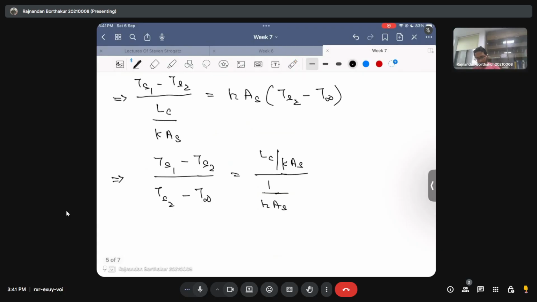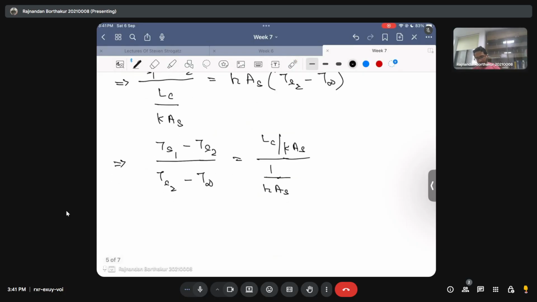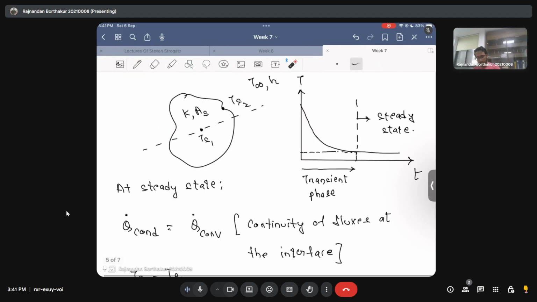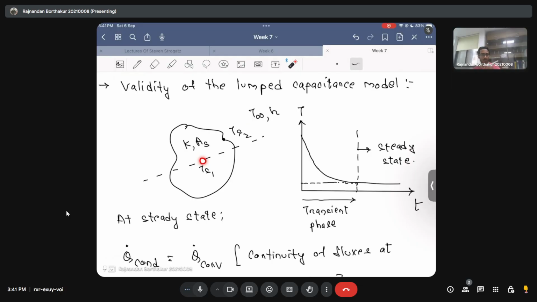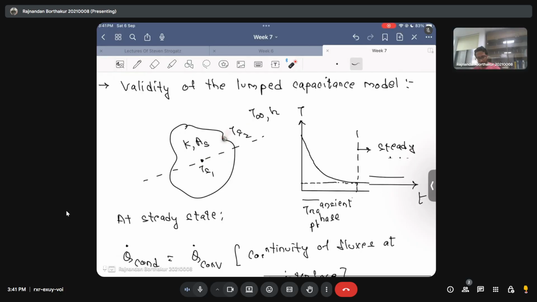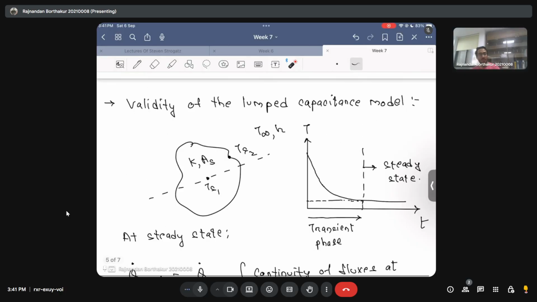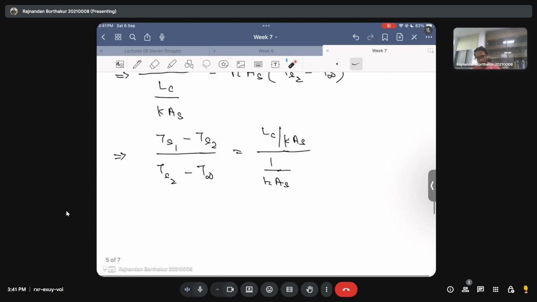Okay, then you can see that this TS1 minus TS2, which is the temperature difference between the center point and the interface, divided by the temperature difference between the interface and the ambient fluid, is equal to LC by KAS divided by 1 by H times AS. And if you take a closer look, this is nothing but the resistance due to conduction to the resistance due to convection.